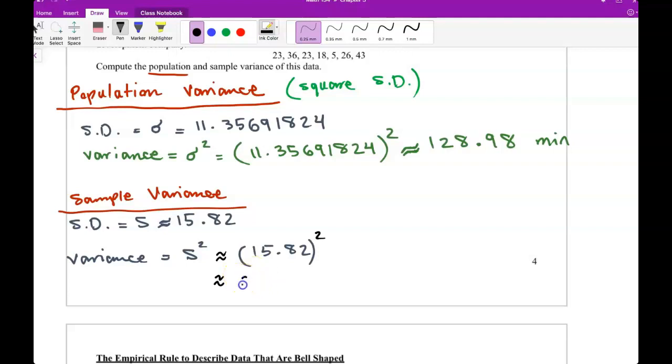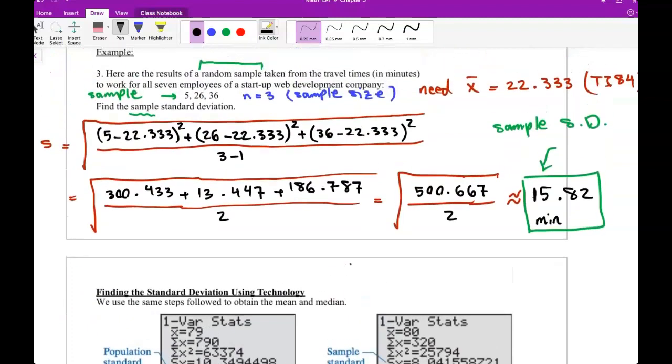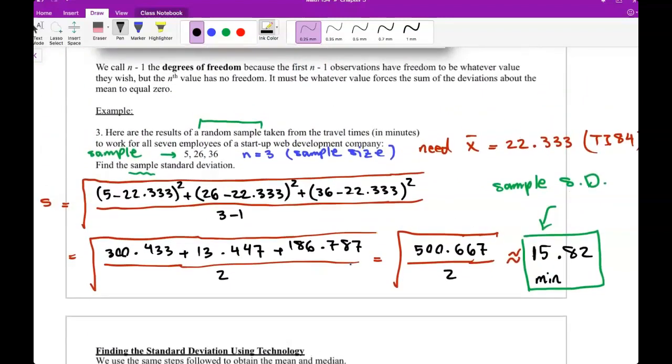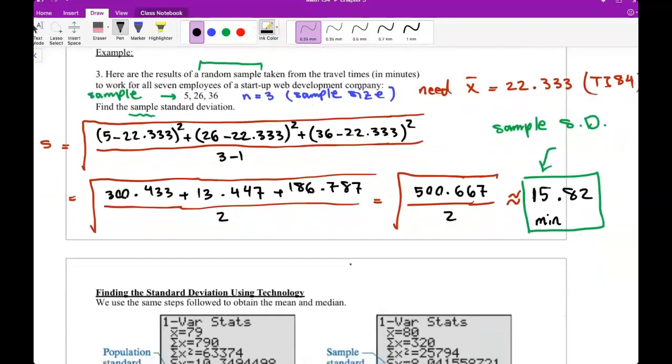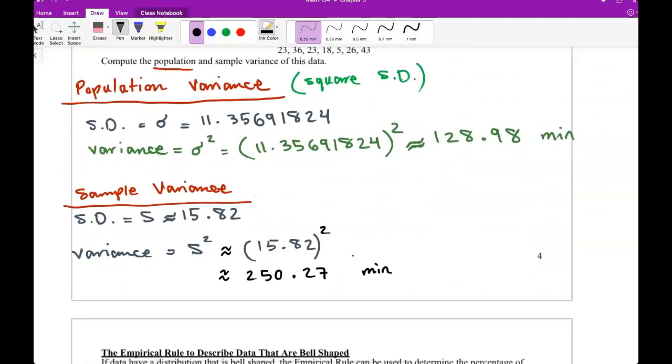I'm using 250.27. So this is in minutes. So that is in minutes. And that's the final answer for that part.